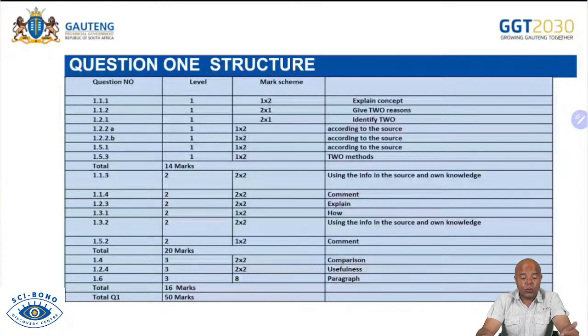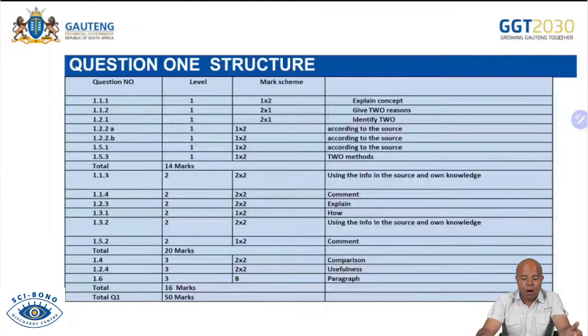So let's move over to level 3 questions. When we go over to level 3 questions, we can see there are 3 questions, 1.4, 1.2.4 and 1.6. So when we look at 1.2.4, that is basically source 1B. So now we can clearly see how the different cognitive levels are spread across the question paper.